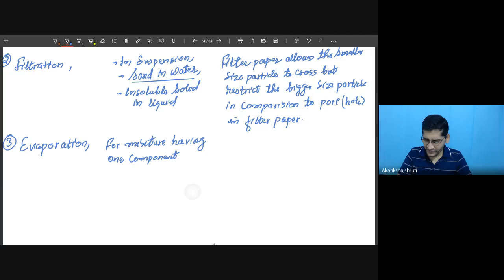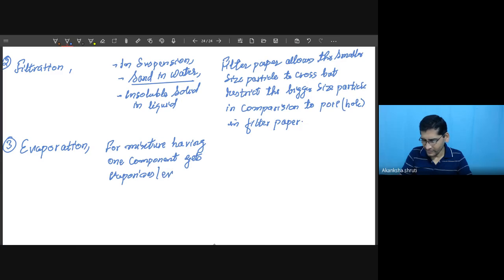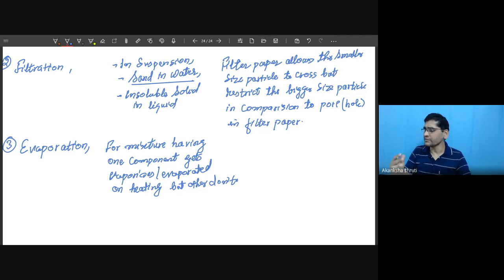One component gets evaporated or vaporized on heating, but the other does not. If both components are able to convert into vapor, then this technique cannot be used. There we have to go for the other technique called distillation, where evaporation is one of the parts.